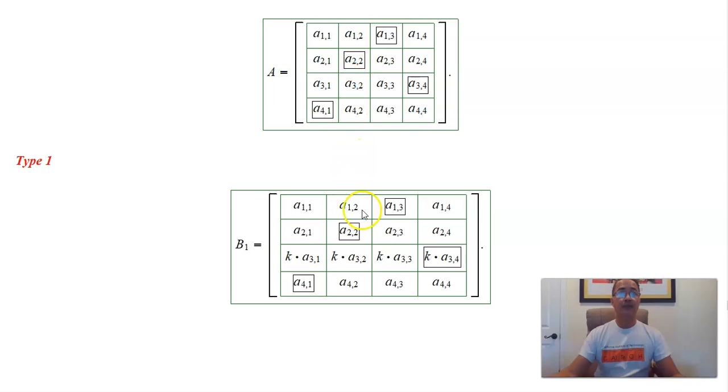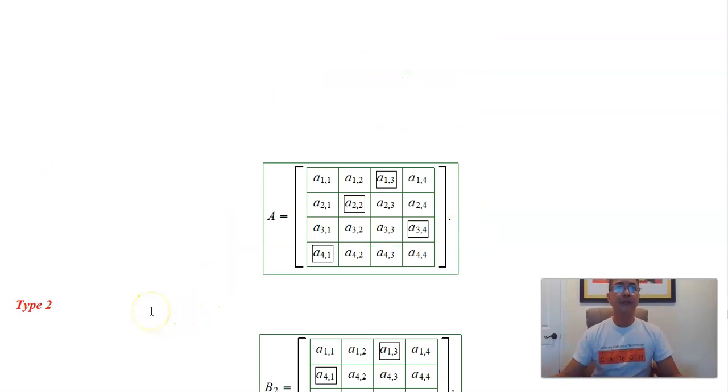A13 is the same, A22 is the same. A34 now has an extra k. A41, no, A41 is exactly the same. So all we have is an extra k from row 3. Well, you have to pick an entry from row 3 for every term. So therefore, every term has an extra k. You can factor out that k. So the determinant of B1 is k times the determinant of A.